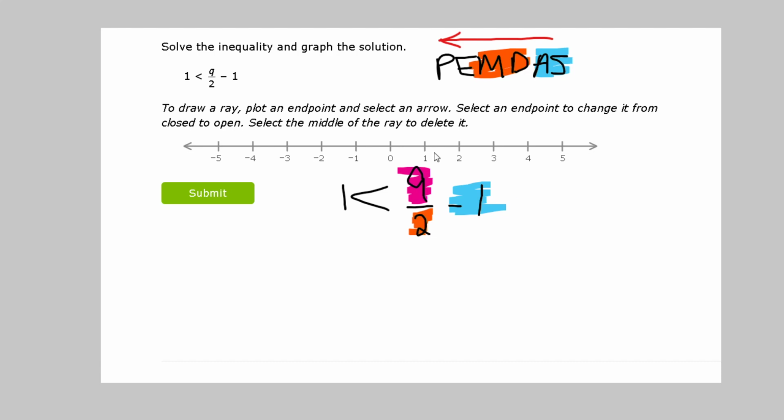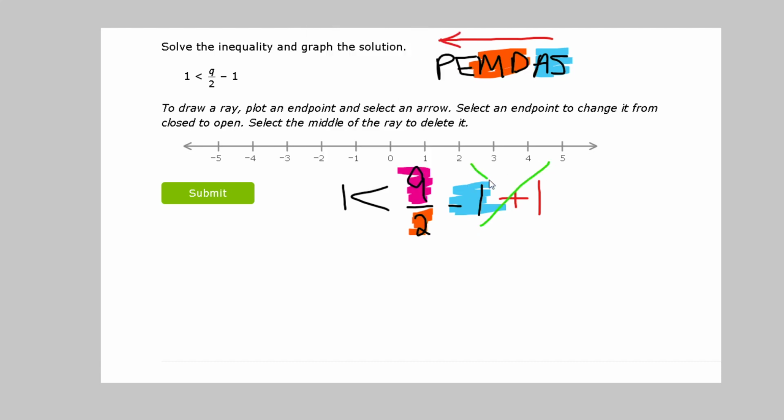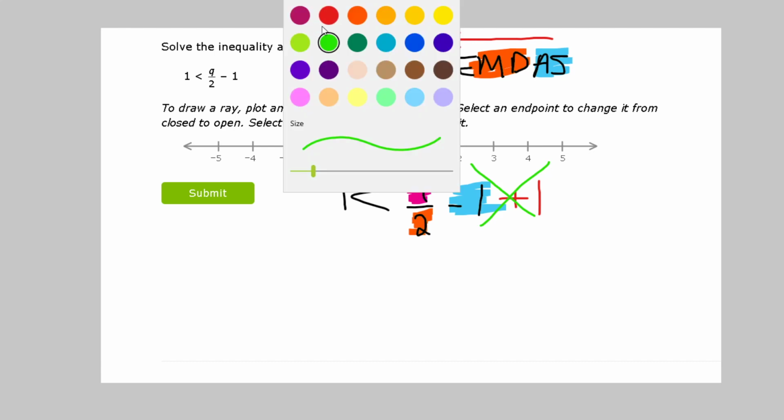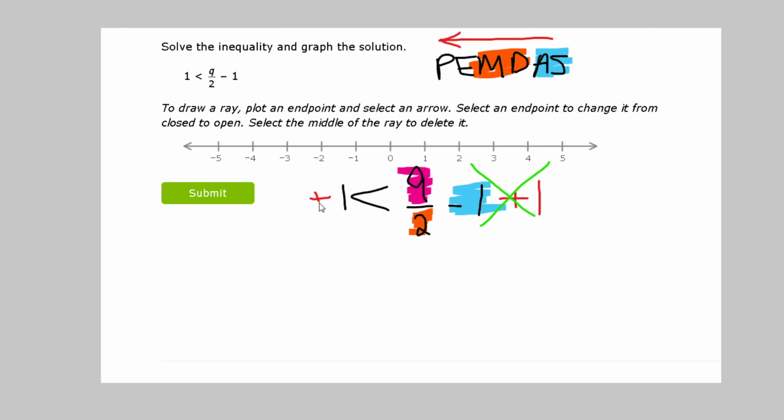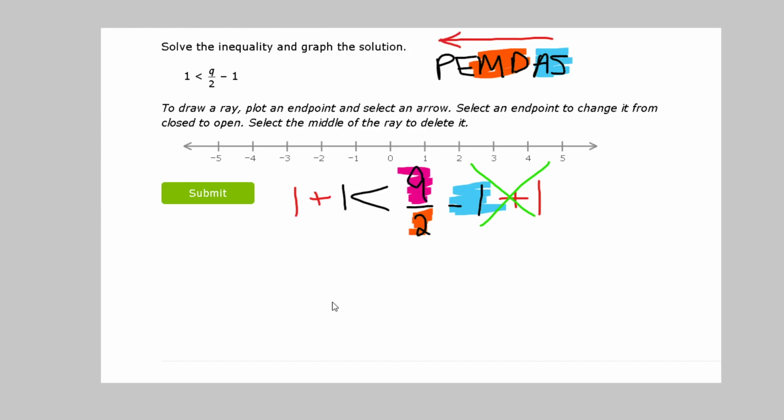So to get rid of this 1 over here, well, what we can do is add 1, because we know minus 1 plus 1, well, together those would be 0. So those go away. And then on the left side we add 1. So this gives us 1 plus 1, 2 on the left side.